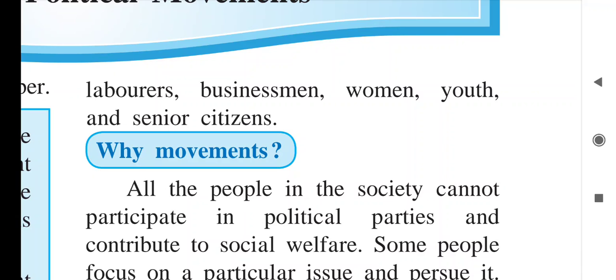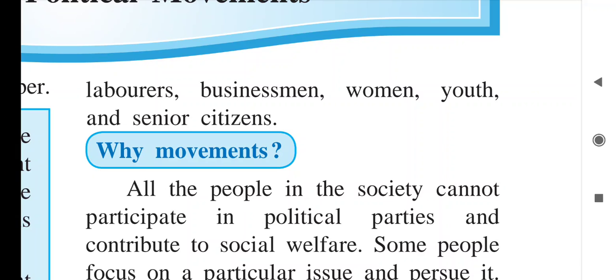So here they are saying, what is expected from political parties? The people expect that they have a program for the problems of all sections of the society. Means they have to take all people's interests into consideration.